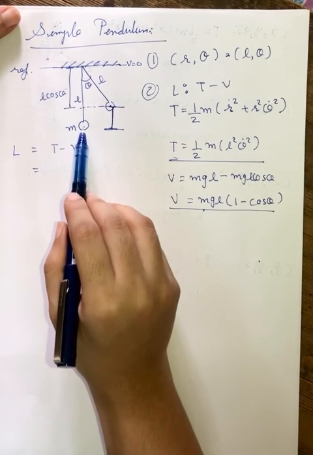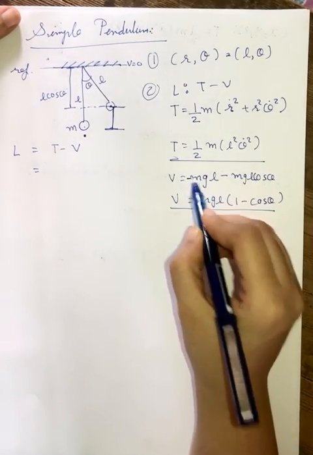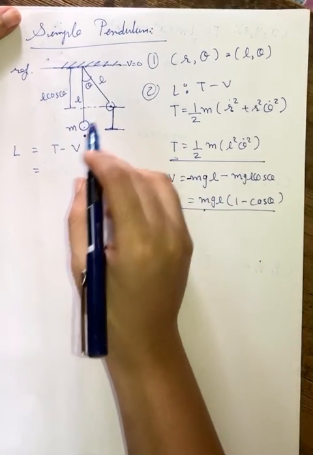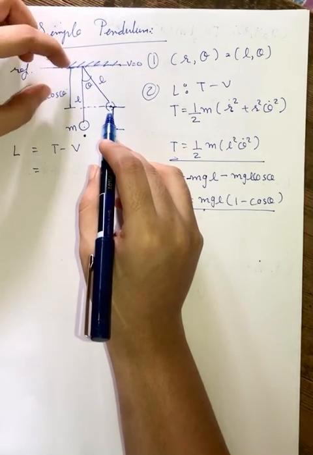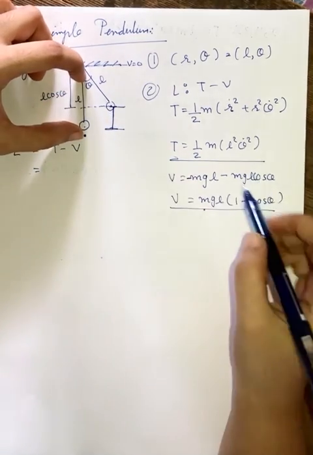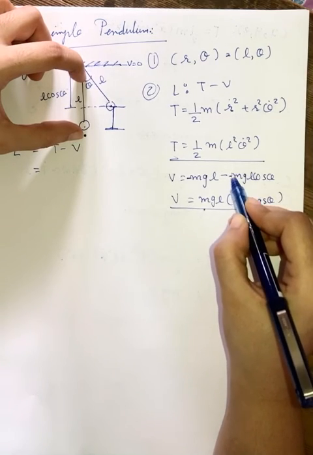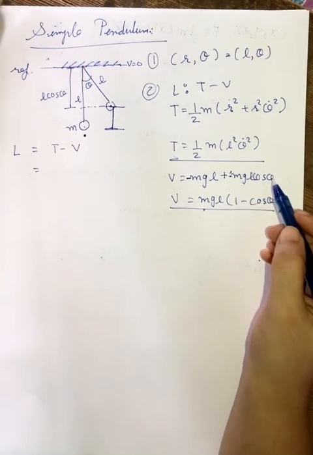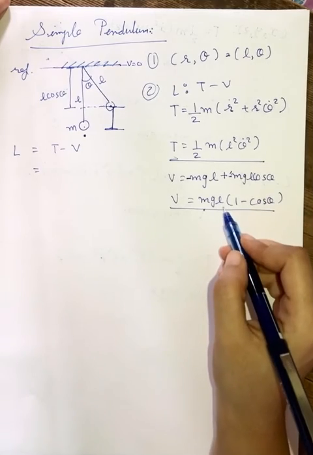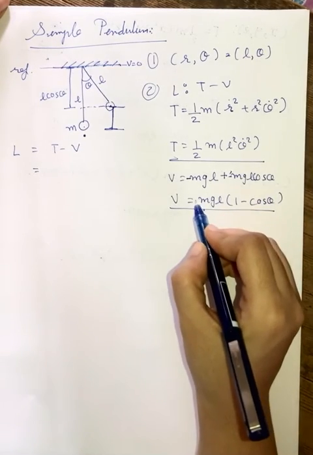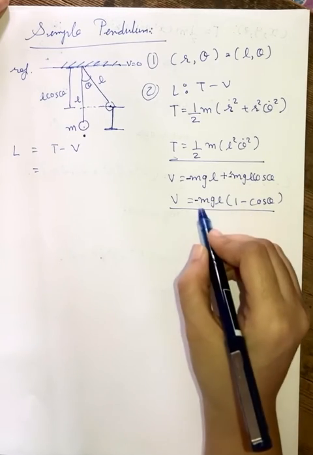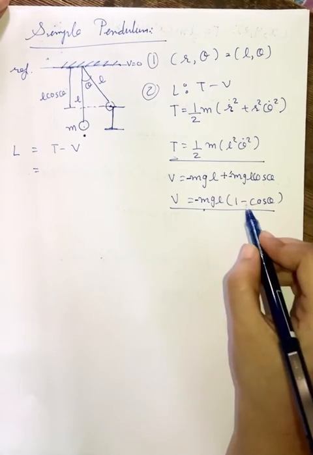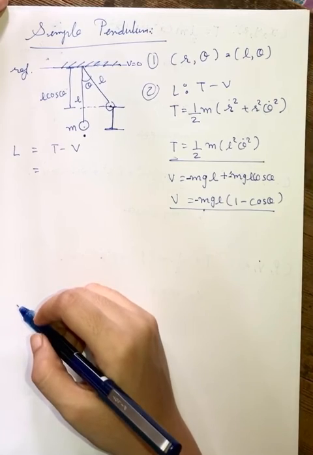So the full potential for this mass m is minus mgl, and this will be minus mgl cos theta. But since we are subtracting this part from the full part, minus of minus will become plus, and if we take minus common, this will become 1 minus cos theta.